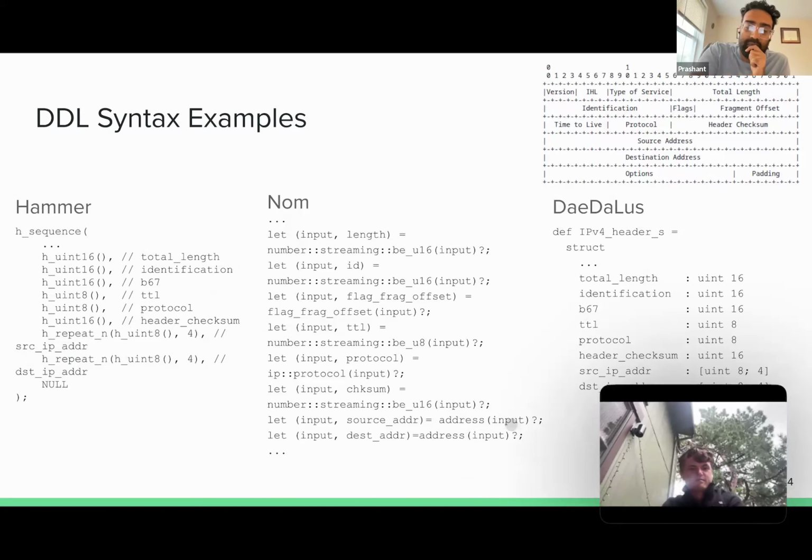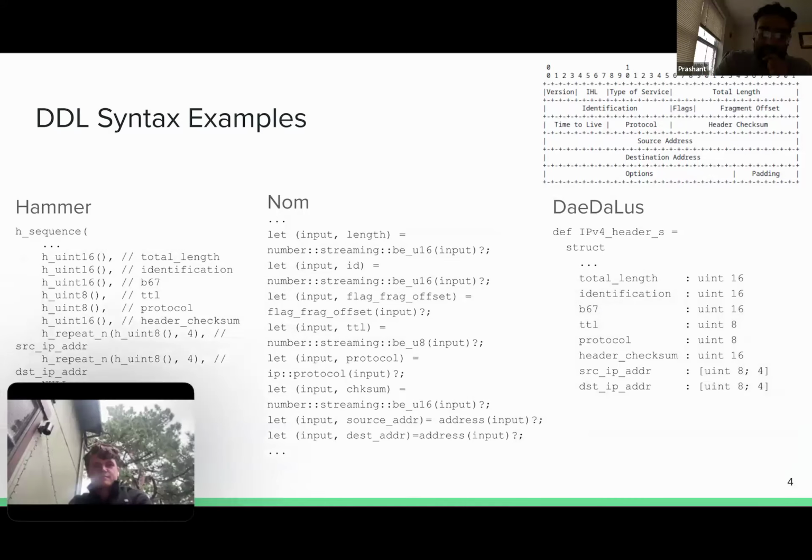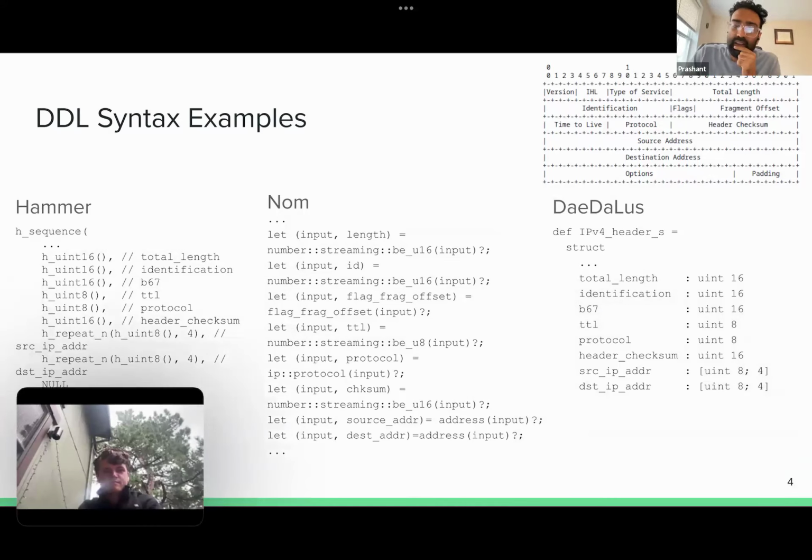And then you have some of these more esoteric ones like Daedalus, where you have a struct operation, and inside that struct you have all of these sequences. And I'll say that the nom and Hammer ones were things that I wrote, whereas the Daedalus and the other ones I'm going to show are all things that are available on their own code repositories.